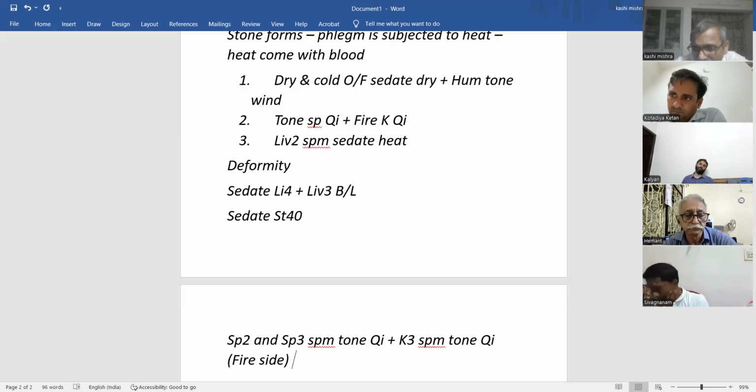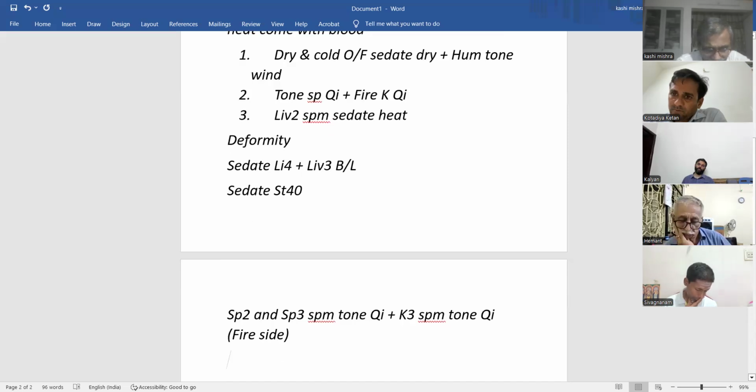Quantity of which chi? Spleen chi especially. Kidney secondary. Primarily transform कौन कर रहा है? Who is transforming? Clean. So you have to take stomach. Wind कौन सा point है? 43, sir. ST43.